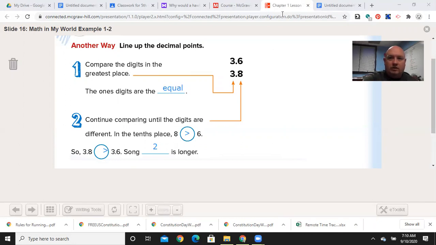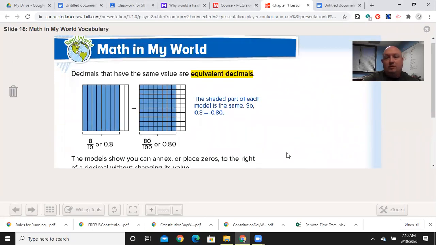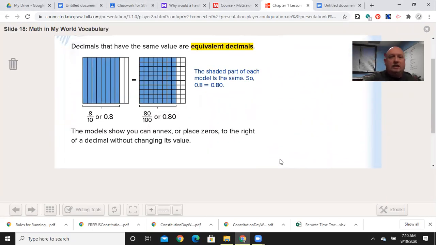And I'm going to clear the drawings as I exit out. They use the term same before for equal, but I like equal because that's what you're going to use as you go higher in math. All right, we do have a yellow bolded term here.